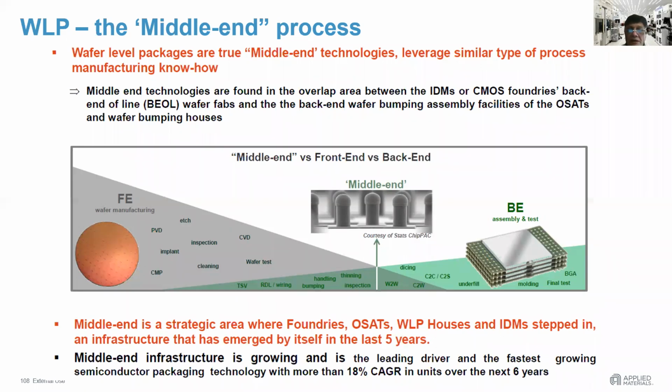And you could see the front end processes, what we discussed in the last presentation, where you are actually creating the active circuits on the front of the silicon substrate.